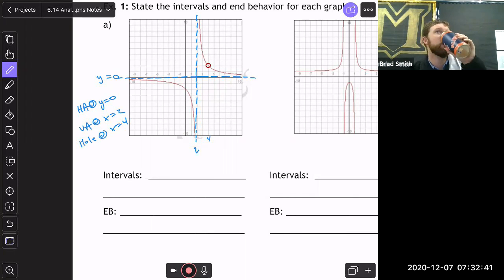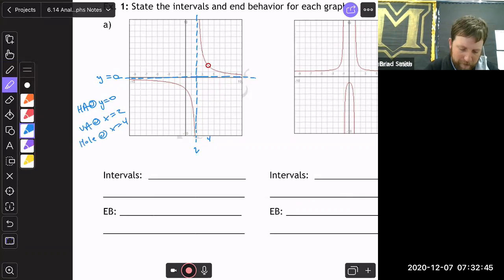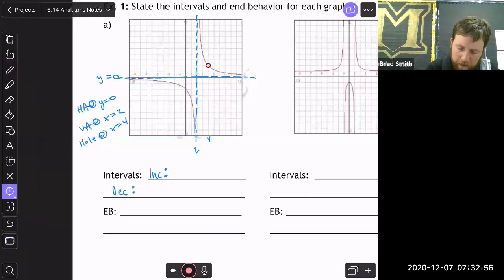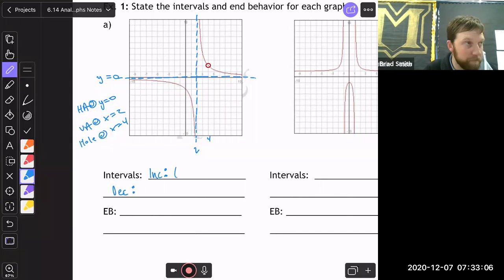So here, if I'm looking at my graph, my intervals, so I got increase and I got decrease. So if I'm following along this piece right here, is it going up or is it going down? It's going down this whole time, right? So this left side, it's going to go from negative infinity.